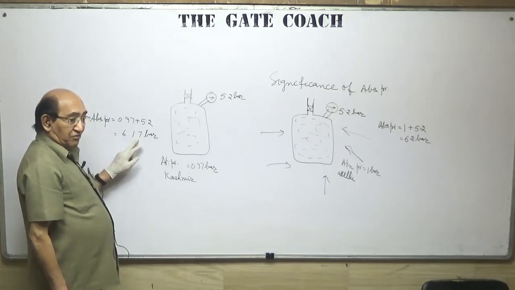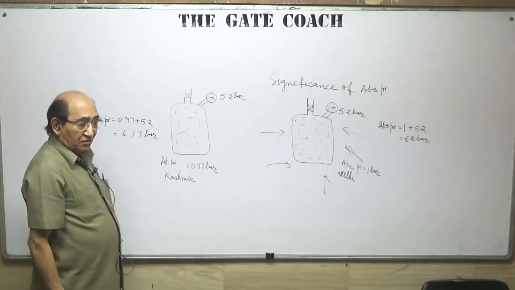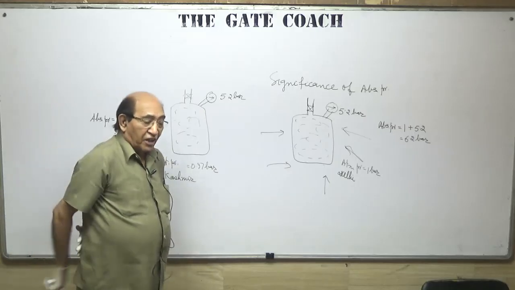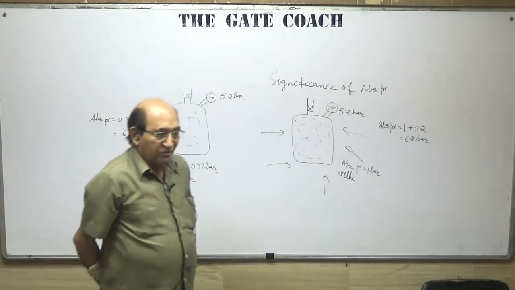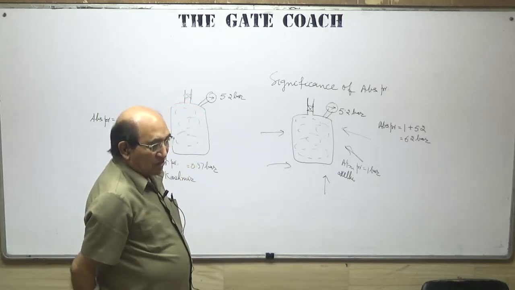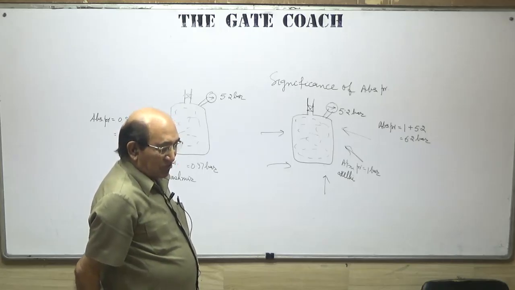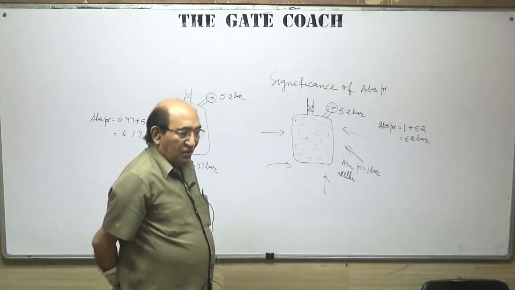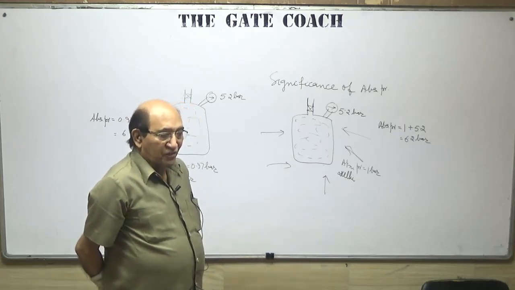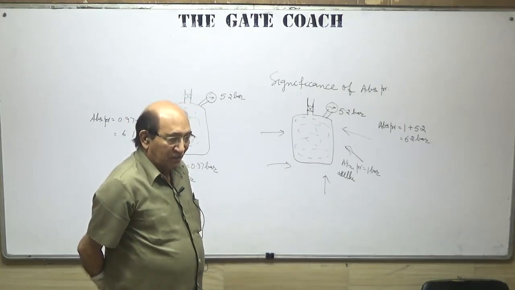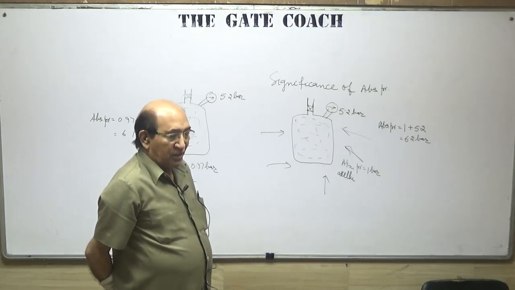Here it is 6.17, things will never be matching. To have similar activities, we are using the term not just the gauge pressure, but we are talking about the behavior of the surroundings where our given system is located.